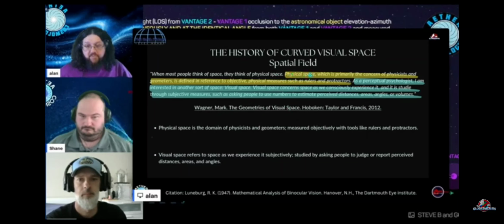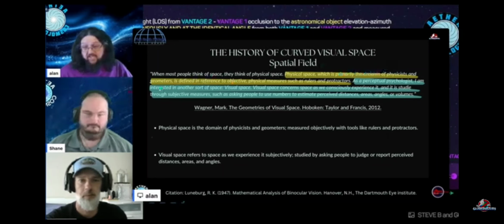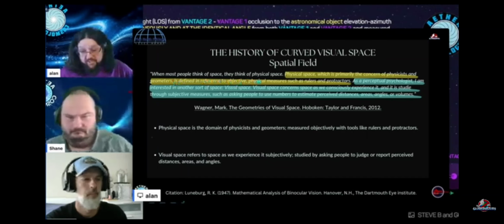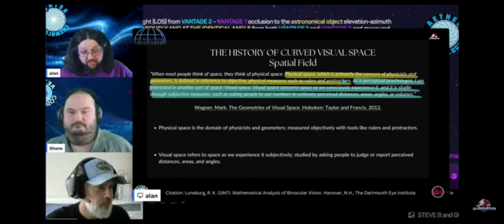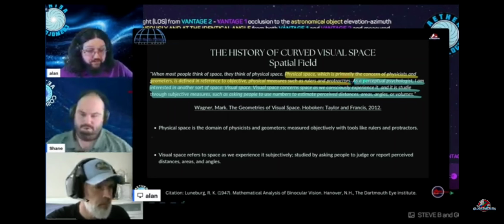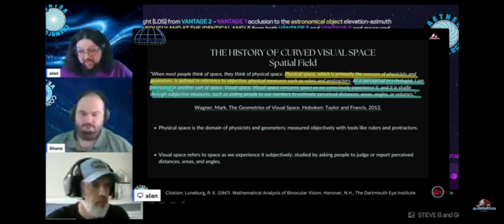The physical space, which is the primary concern of physicists and geometers, is defined by reference to an object, physical measurements such as rulers and protractors. As a perceptual psychologist, I am interested in another sort of space, the visual space.